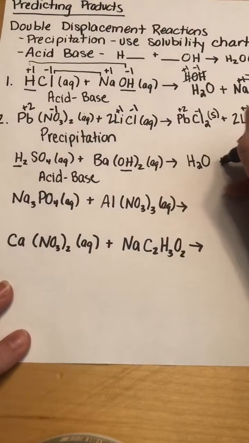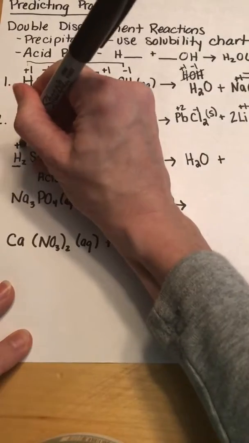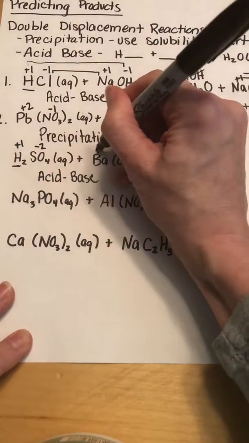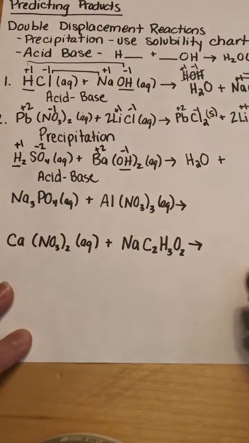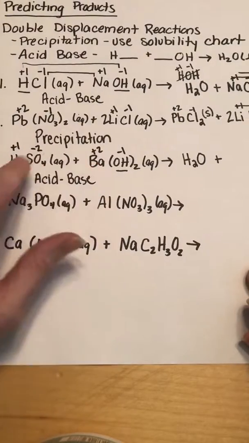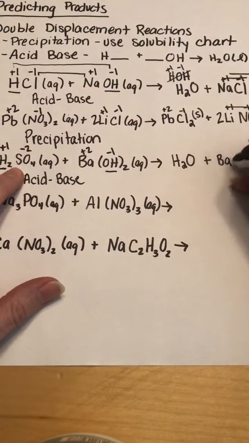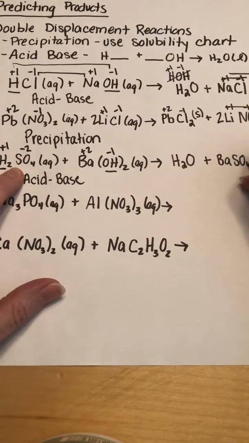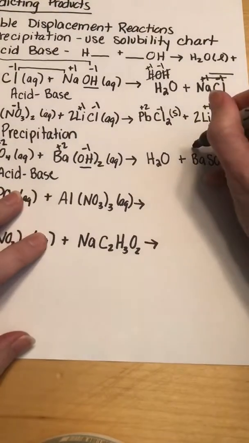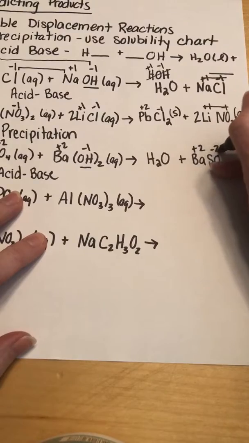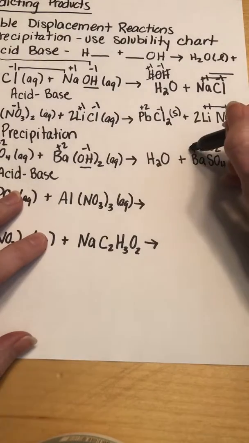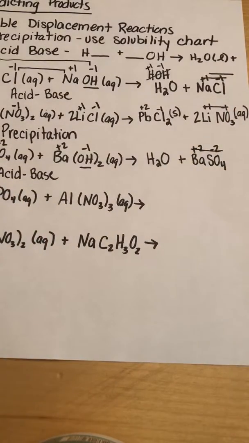And then your other product, and I should have put in my charges. When the other two that are left, the Ba and the SO4, come together, that's going to be a +2 and a -2, so no subscripts are needed.